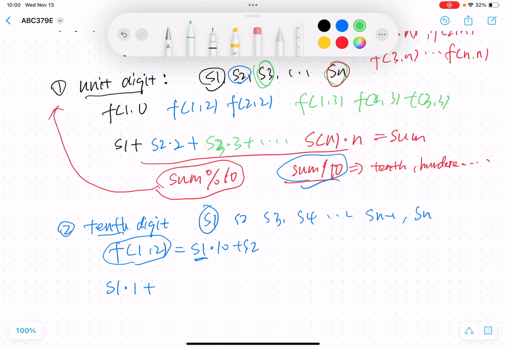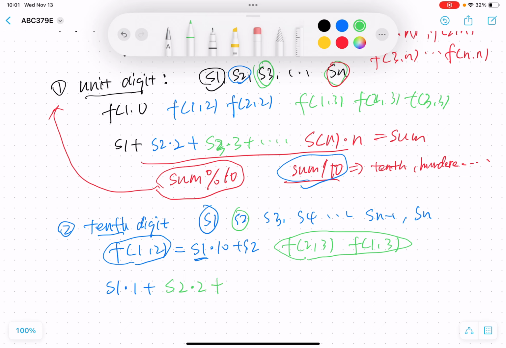For S2, we will know f(2, 3) and f(1, 3). For the two functions, we also need to add S2 to the tens digit. So we use S2 for the tens digit 2 times. So we need S2 multiply 2 because we use it 2 times.